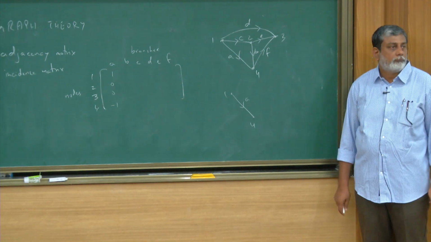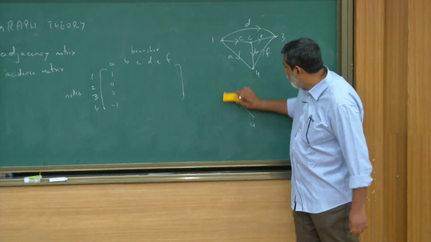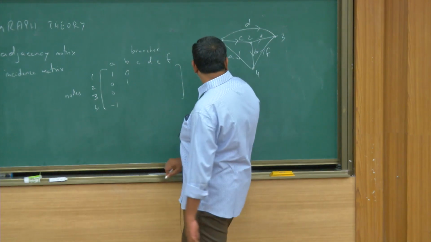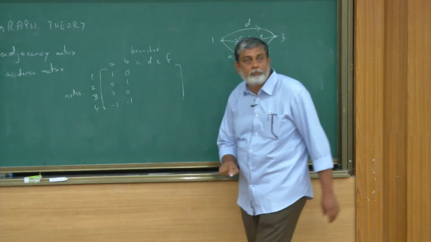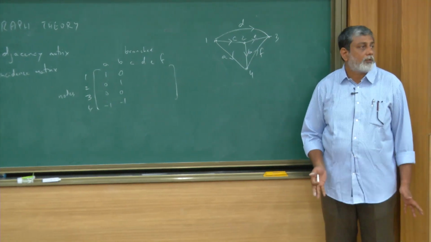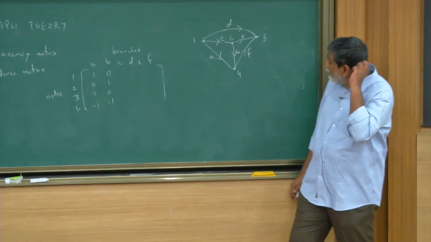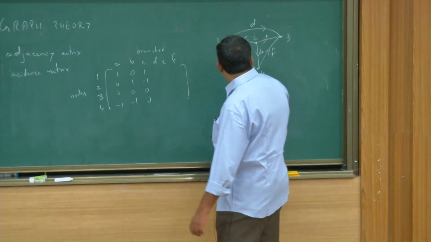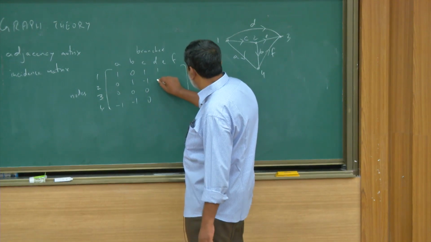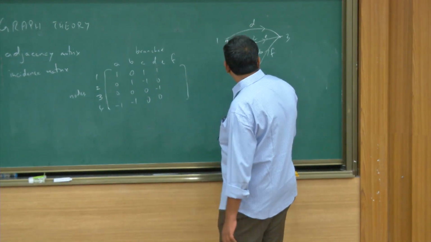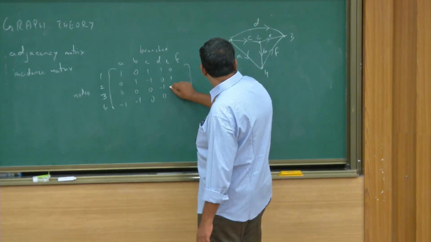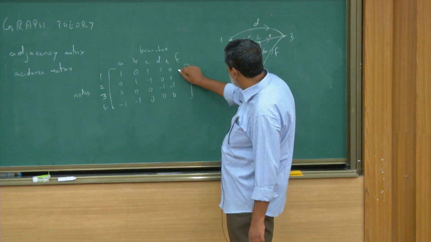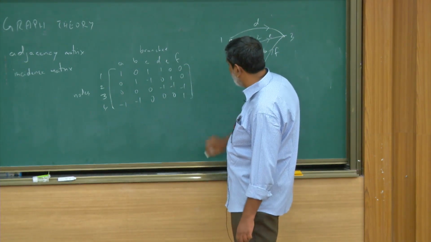Okay? For branch B, what should I have? 0, 1, 0, -1. Is the construction clear? Branch D is going to be 1, 0, -1, 0. Branch E is going to be 0, 1, -1, 0. And F is going to be 0, 0, -1, 1.